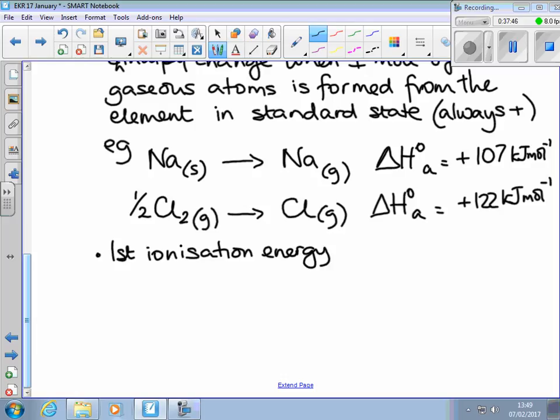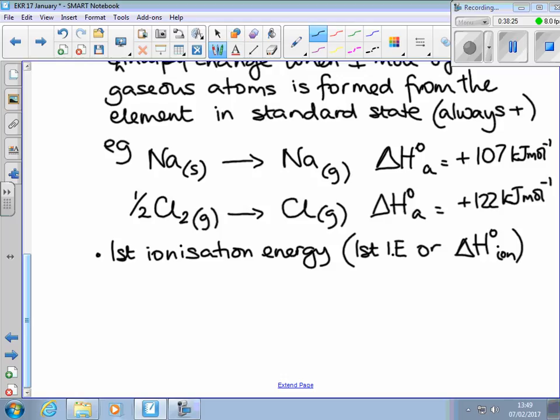You'll sometimes see that written just as first IE, or you might see it written as the enthalpy version of that. I think I've got some handouts that have that version a bit later on. But you will see it most commonly just written as first IE.